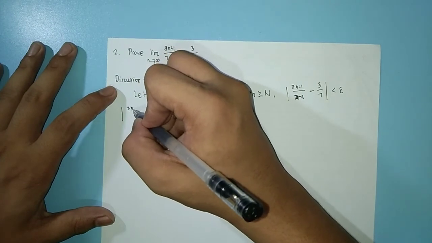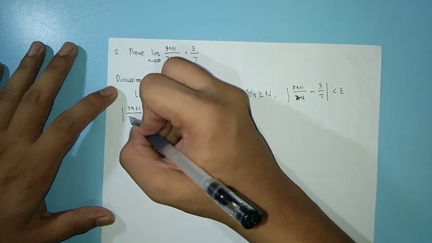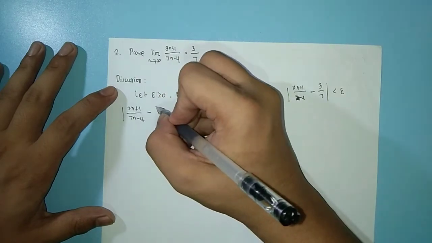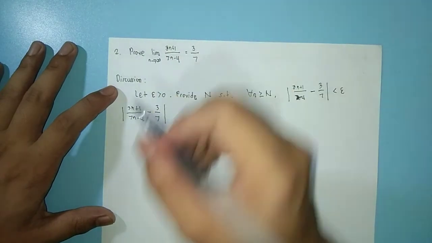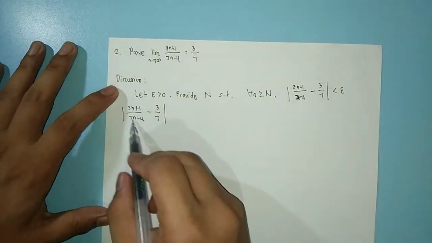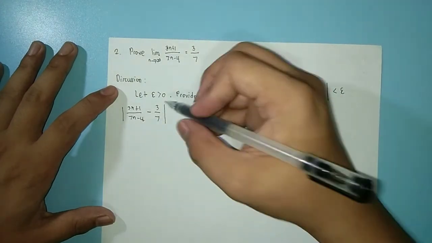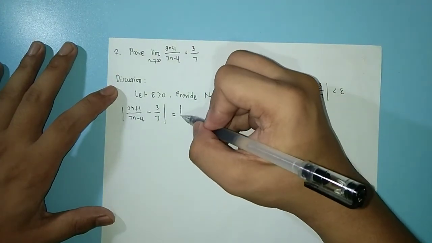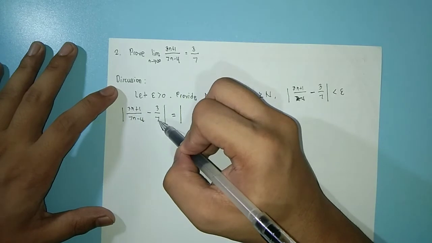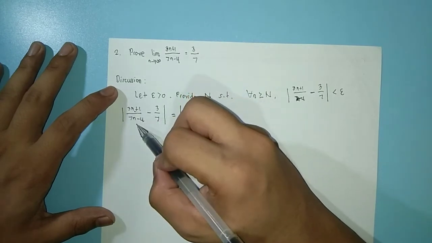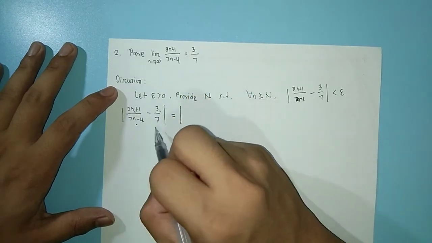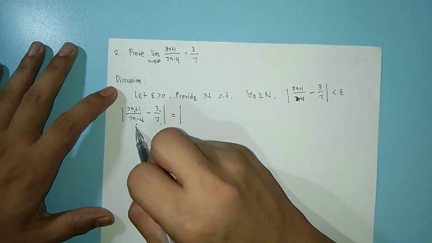The absolute value of (3n + 1)/(7n - 4) minus 3/7. So, ang gawin natin, i-simplify natin to. Okay? So, this is equal to, i-times natin tong 7 dito, i-times natin tong 7n minus 4 dito, tapos i-times natin yung 7 tsaka 7n minus 4.